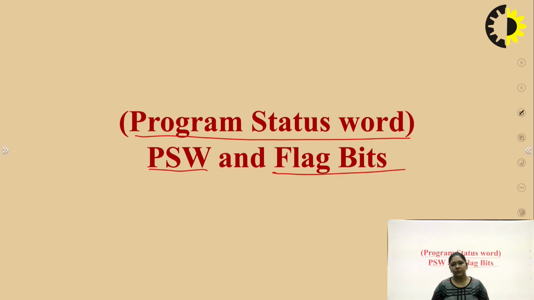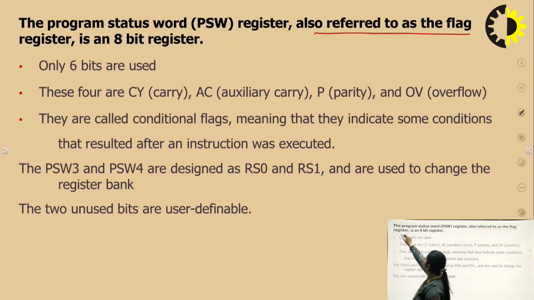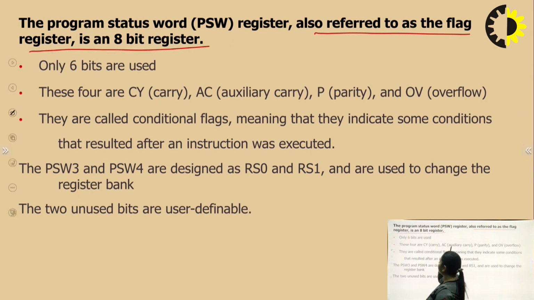In microcontroller, the flag registers are also known as the program status word. It is of 8-bit, just like in microprocessor 8085, the flag register is of 8-bit. Out of these 8 bits, we use only 6 bits.